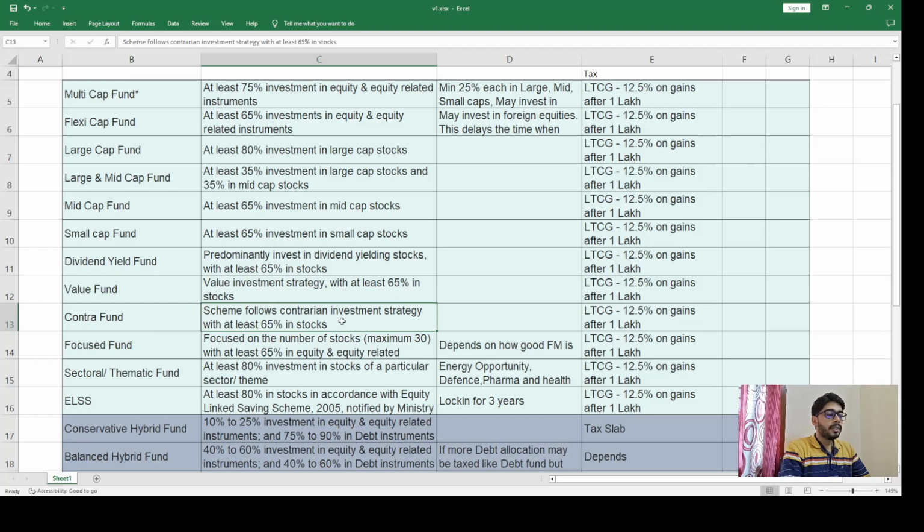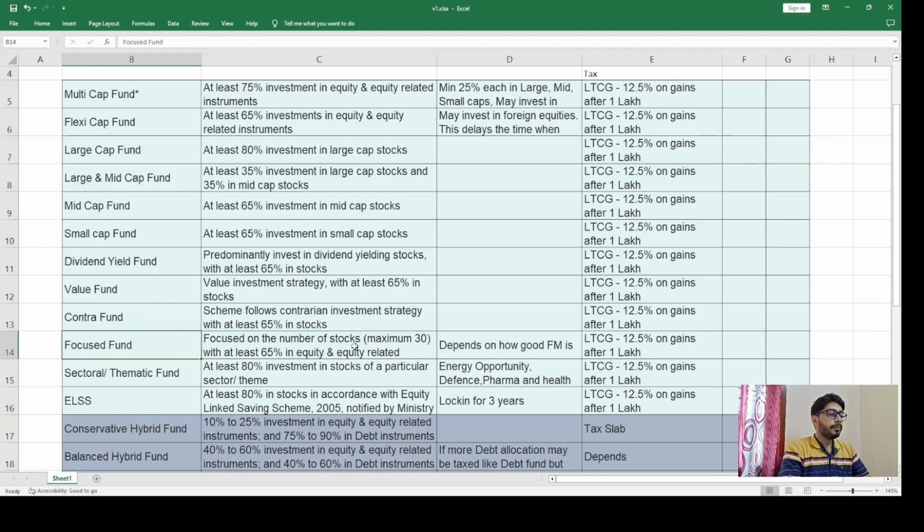In a contra fund, the fund manager waits for such opportunities wherein a stock has been beaten up because of some economic condition or news, and it is not the favorite. But usually these stocks are good businesses, and people are skeptical at this moment about the future aspects of these businesses. So fund managers carefully examine these stocks and buy based on their strategies and research.